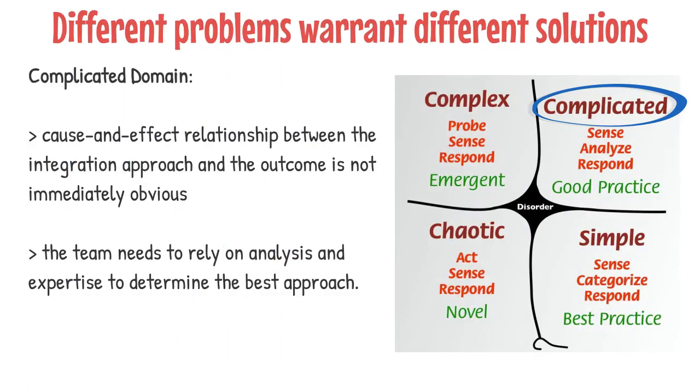In this situation, the team is operating in the complicated domain of the Cynefin Framework. The cause and effect relationship between the integration approach and the outcome is not immediately obvious, and the team needs to rely on analysis and expertise to determine the best approach.